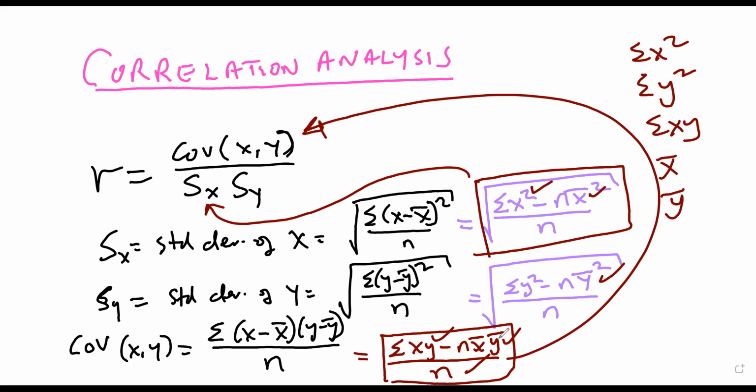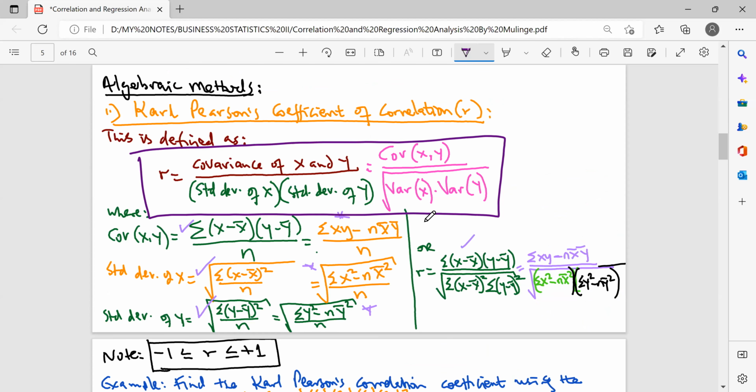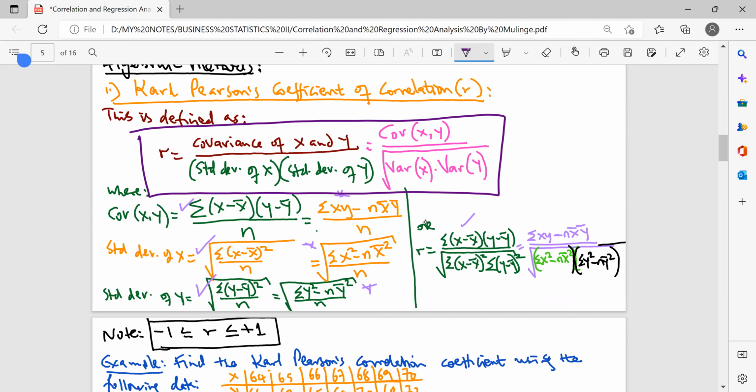Okay, so basically that is the formula of the Karl Pearson's correlation coefficient. There are various ways of expressing it, but this is the idea. Okay, so let's go back to the other set of notes. And this is the same story. As you can see, the last expression here is based on the expanded format.